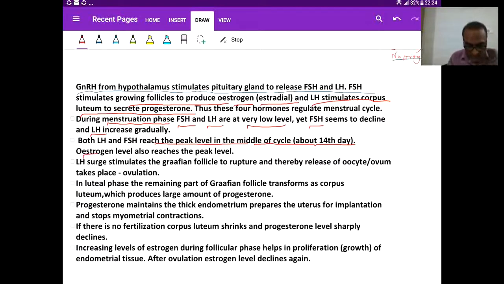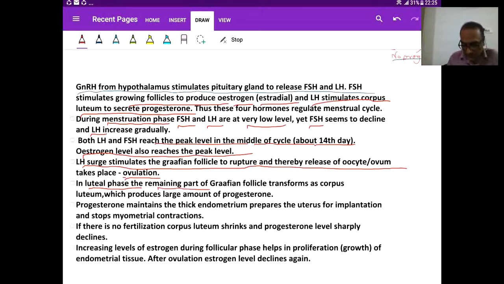And likewise, estrogen levels also reach the peak level. Okay. Then we see that the LH surge is stimulating the Graafian follicle, which ruptures, releasing the secondary oocyte. So that's what we call ovulation. So we have seen now the hormonal regulation during the follicular phase, starting with the menstruation phase, then follicular phase, and then ovulatory phase.